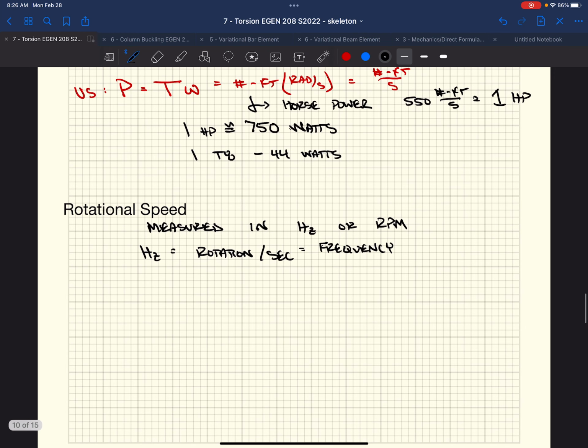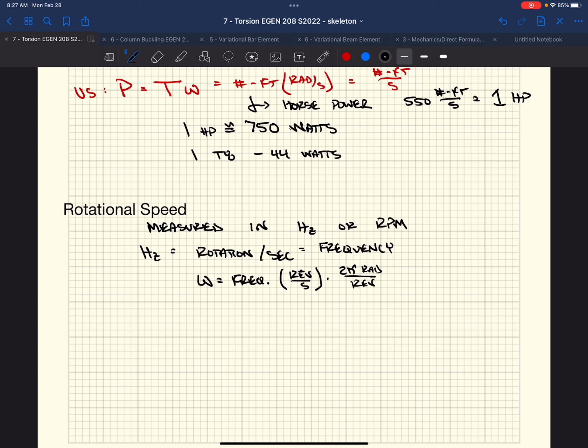Well, omega, our rotational speed, would be that frequency times revolutions per second times, well, now we know we have 2 pi radians per revolution, right? So frequency is revolutions per second.